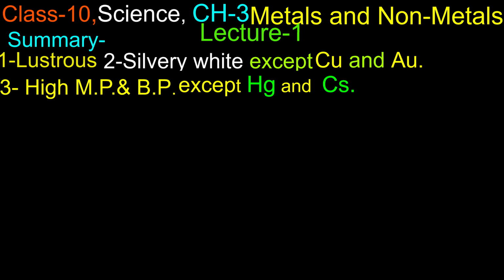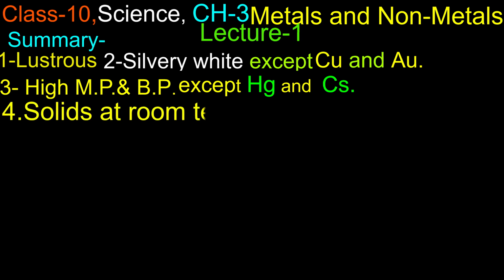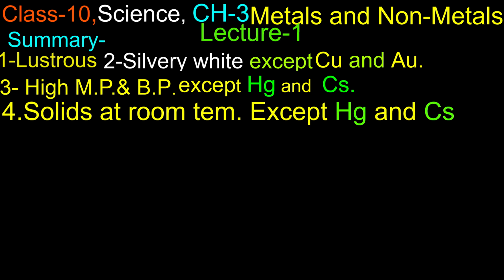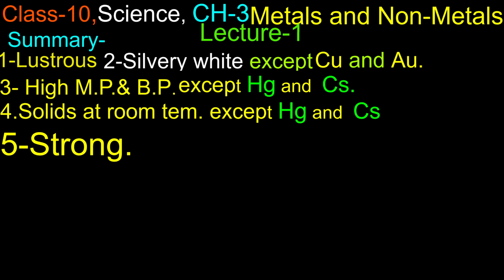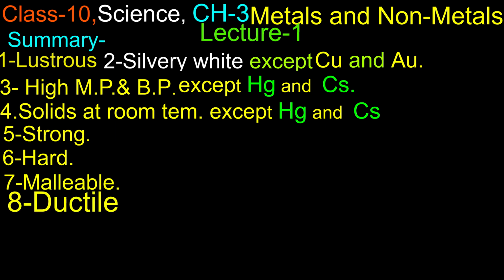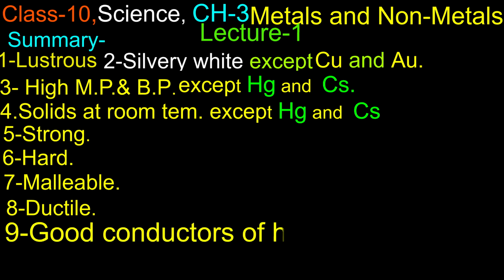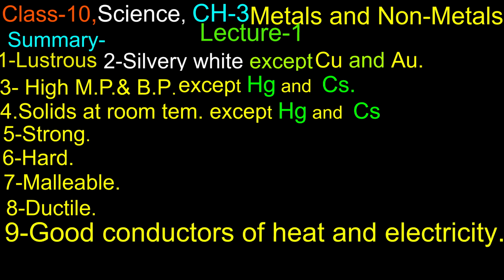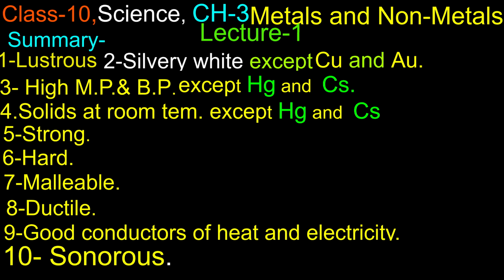Number 4, all metals except Hg and Cs, or mercury and cesium, exist in solid state at room temperature. Number 5, most of them are strong. Number 6, hard too. Number 7, malleable. Number 8, ductile. And number 9, good conductors of heat and electricity, and they are sonorous too.